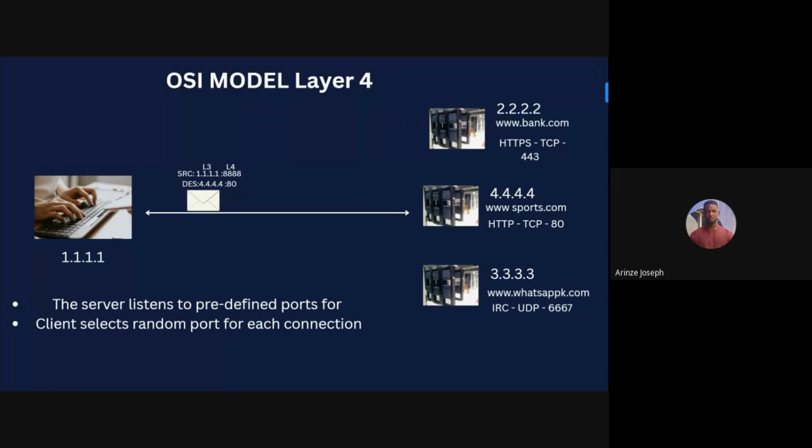That is why whenever you want to perform any online transaction, it is expected of you to make sure that there's a key in your address bar indicating that the website is secure. If you don't see that key, just know that the website is not secure, that they are using port 80. But if it is secure, they are using what we call TCP port 443, which is for HTTPS, which is secure HTTP.